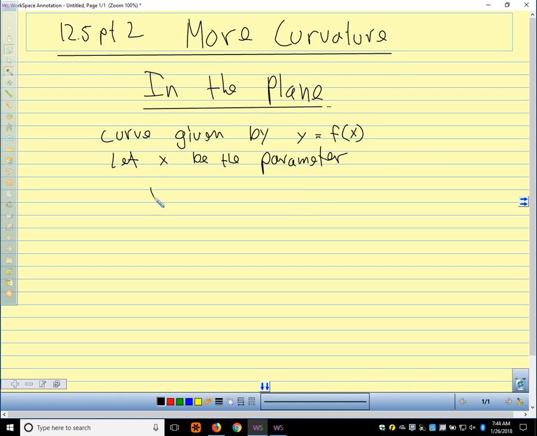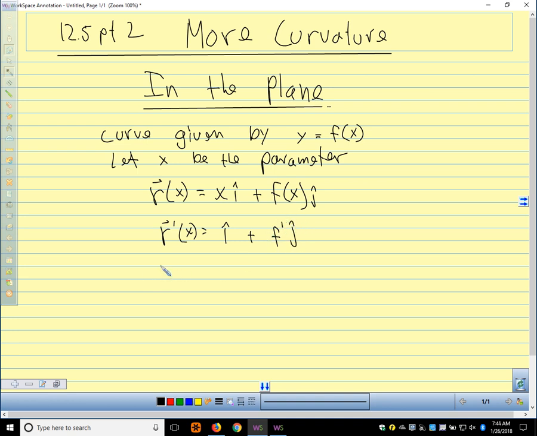So we can say r of x, our vector valued function, if we write it this way, x i hat plus f of x j hat. It's my x and my y. So r prime then is just i hat plus f prime j hat.